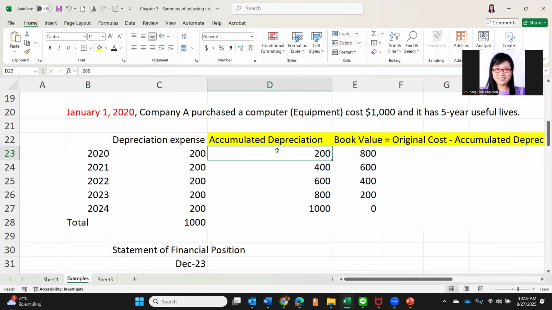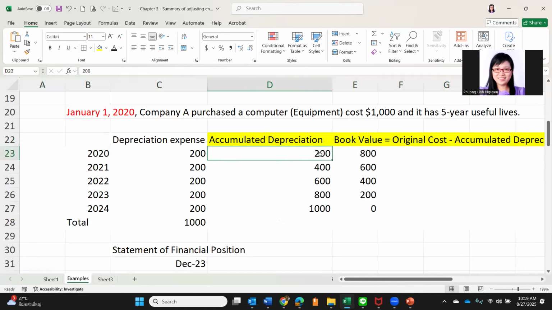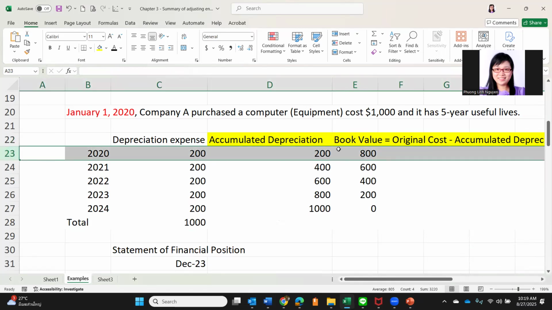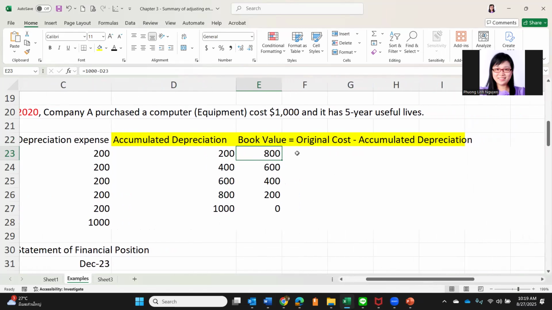Now let's look at another term called accumulated depreciation. Accumulated depreciation is when you add up the depreciation expense every year. So at the end of the first year, your accumulated depreciation is 200. And then the book value of the assets at the end of the first year would be 800. Now, there's a formula to calculate the book value.